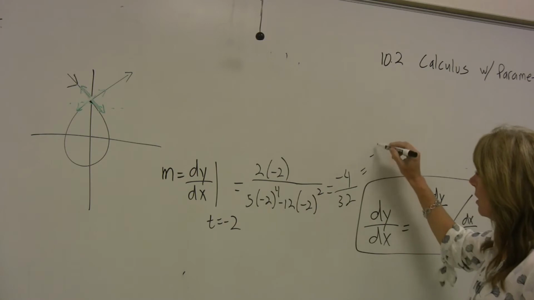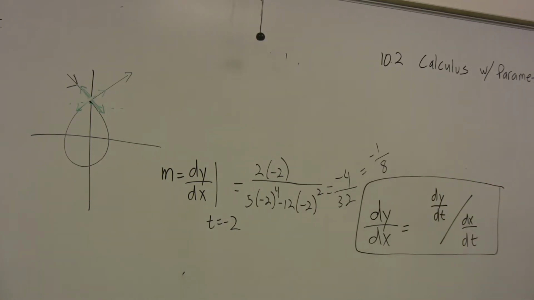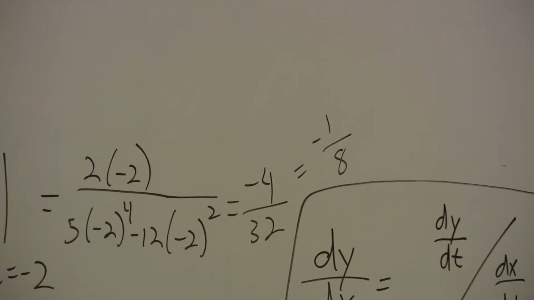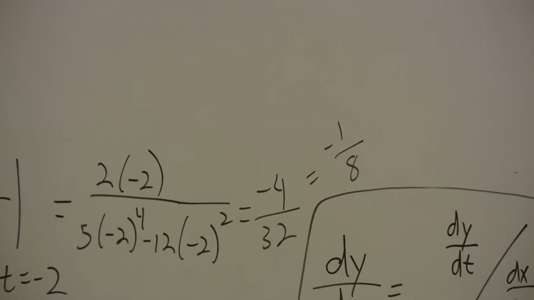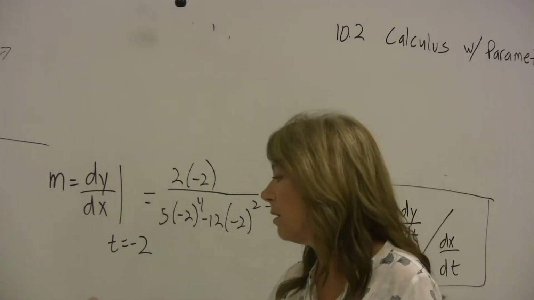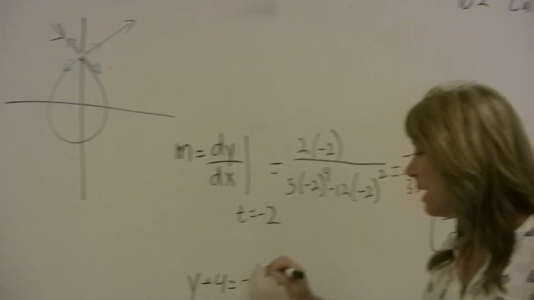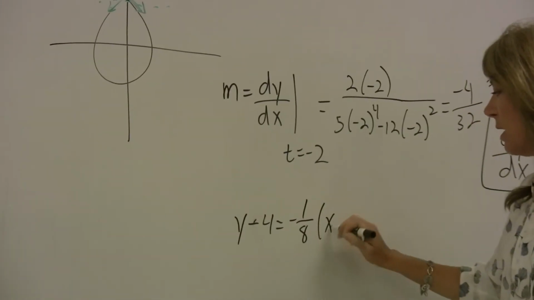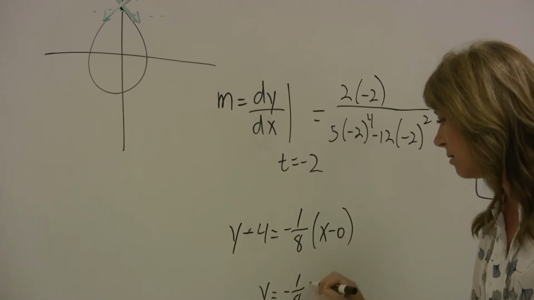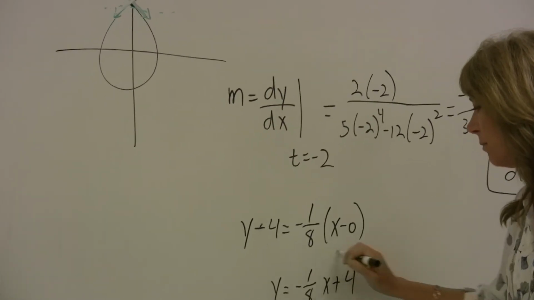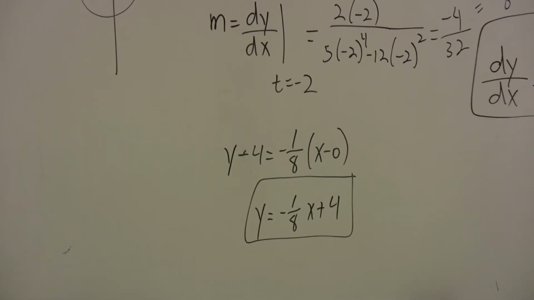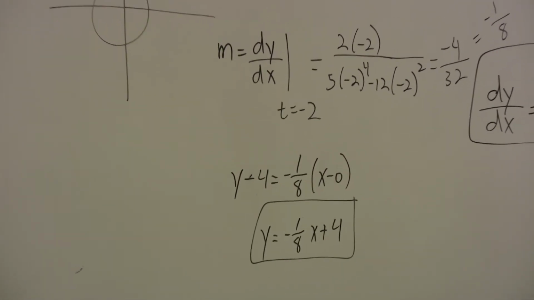Run that around. It ends up being negative 1/8. So now I do the equation of that line. y minus 4 equals negative 1/8 times x minus 0. And you get y = negative 1/8 x plus 4. So they're two different tangent lines.